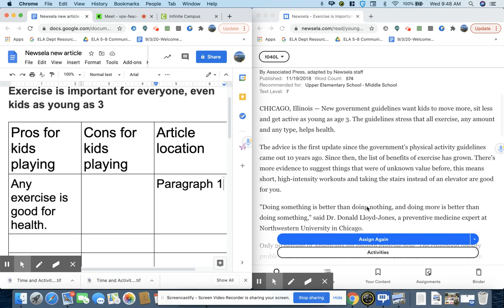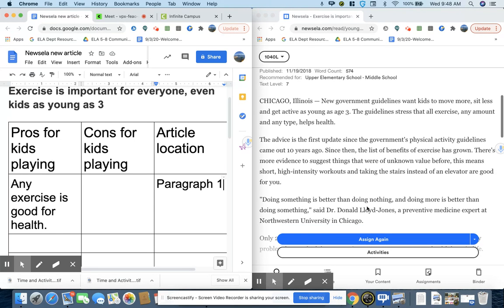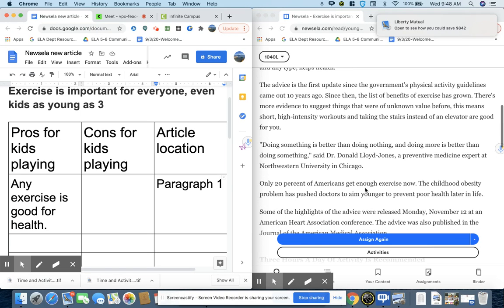The advice is the first update since the government's physical activity guidelines came out 10 years ago. Since then, the list of benefits has grown. There's more evidence for things that were of unknown value before. This means short, high-intensity workouts and taking the stairs instead of an elevator are good for you. Doing something is better than doing nothing, and doing more is better than doing something, said Dr. Donald Lloyd-Jones, a preventive medicine expert at Northwestern University in Chicago.